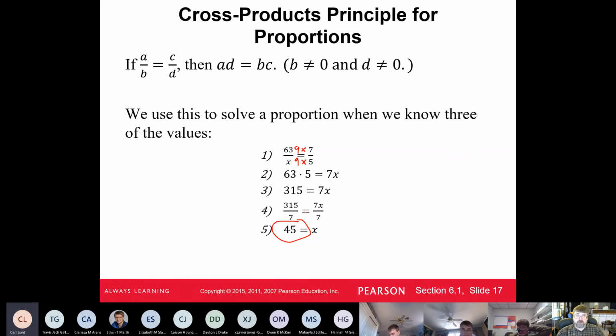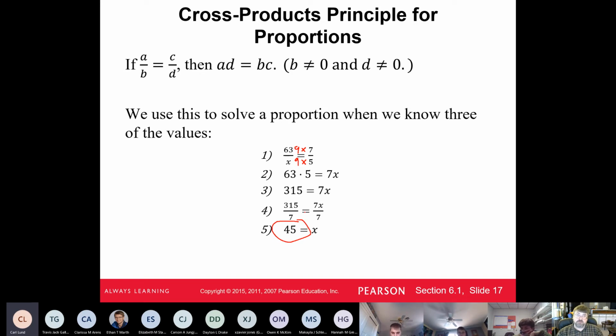And if you can do it for a problem like this, do it that way. That's fine. You don't have to cross multiply in a case like that. You can just figure out what that proportion is. Often you're going to have more complicated ones where you can't do it just by figuring out, oh, since 7 times 9 is 63, 5 times that number is going to be my answer.